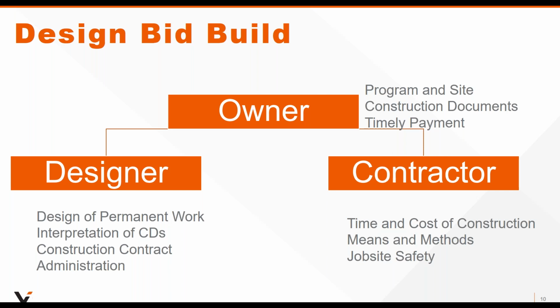The first contract is between the owner and the design team, and the designer says, we will design the facility, the project, whatever it may be, a capital asset of some sort, typically. We will provide interpretation of construction documents, and we will help you, the owner, as your agent, administer that construction contract. The owner obviously comes up with a program and site that governs what they want.